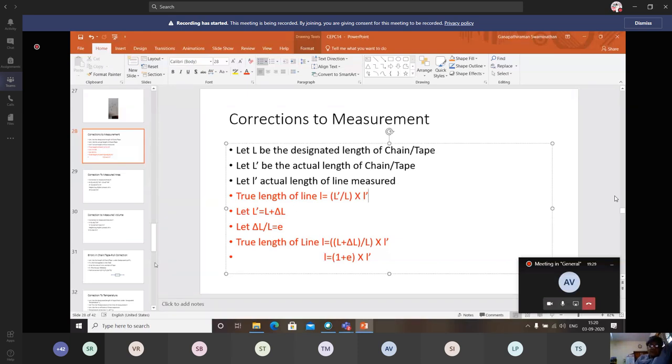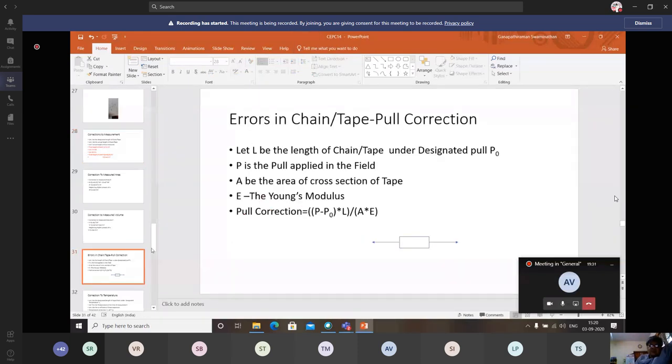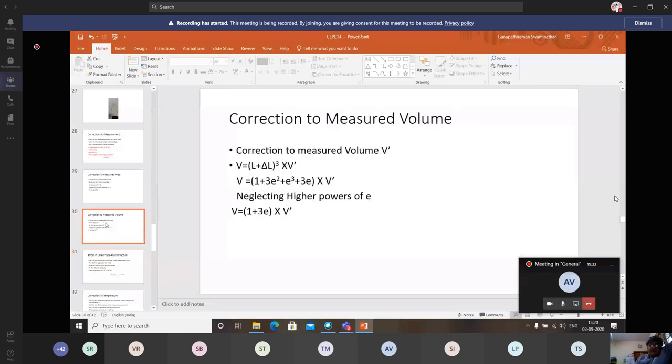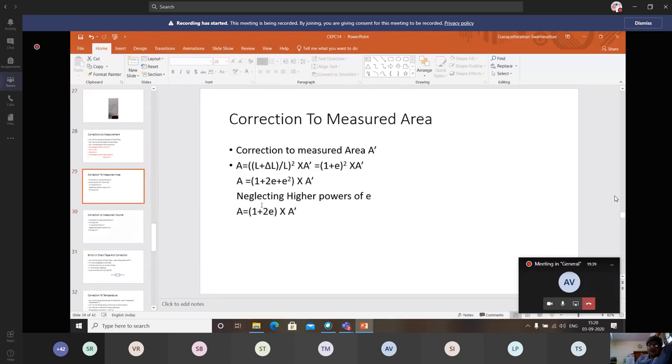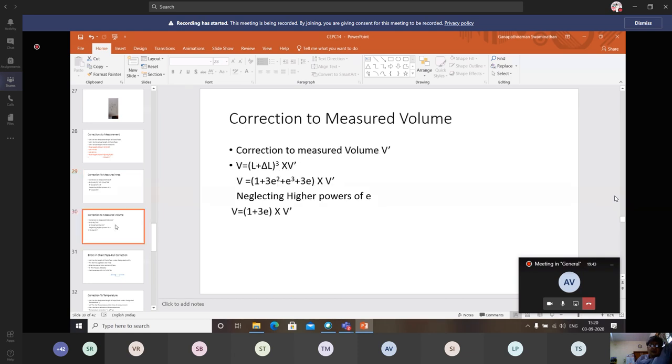Now we have covered this part. If it is an areal measurement, it is 1 plus 2e into A dash. If it is a volume measurement, it is 1 plus 3e into V dash, where V dash is the measured volume and V is the true volume.